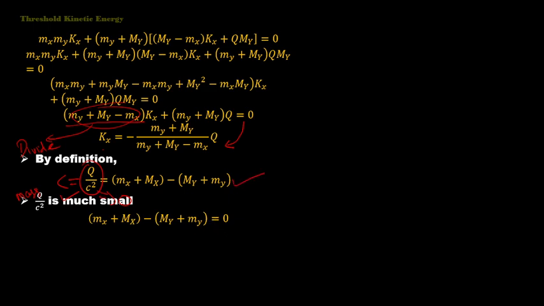Now from this equation we see that this is equal to this. It is transferred on this side, and we get another equation. So capital M_y plus small m_y equals m_x plus M_x. So here in this equation we have mass of daughter nucleus involved.